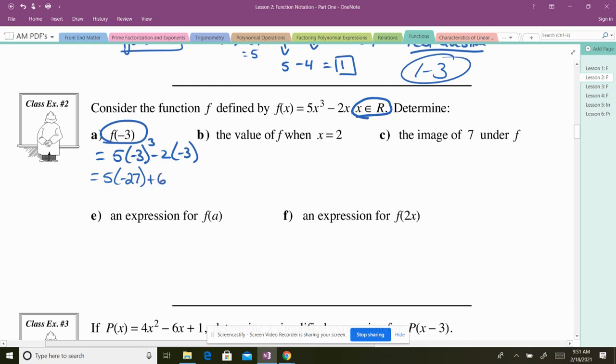Positive 6. 5 times negative 27 is negative 135. Negative 135 plus 6 is? Negative 129.